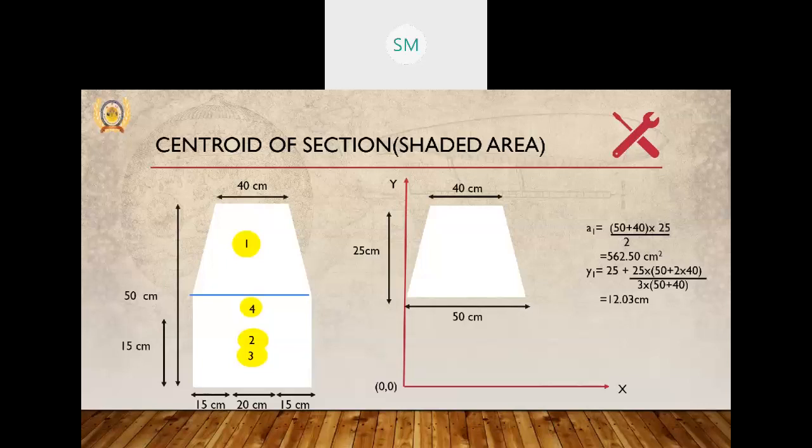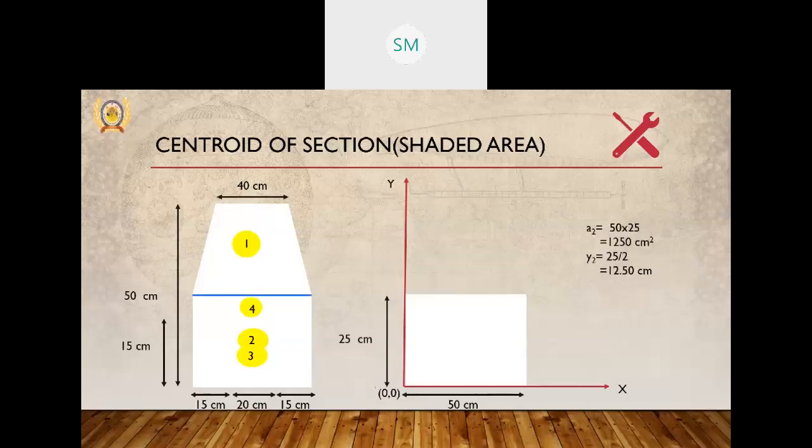Now we have to measure the distances from the x-axis. So 25 plus, we are measuring from the 50 centimeter side, so that will be a plus 2b into h divided by 3 into a plus b. So it is coming out 12.03 centimeter.